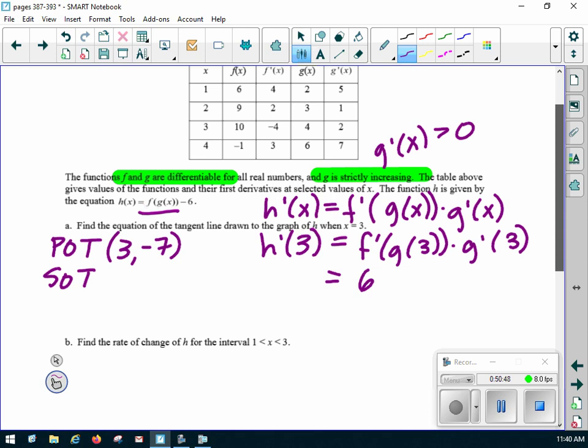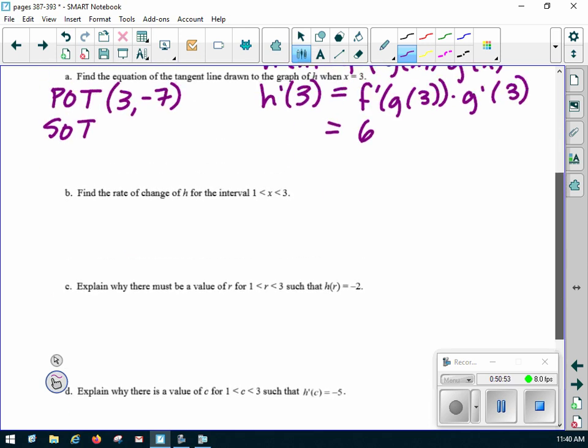The derivative, aka the slope of the tangent line. So we can write our equation of our tangent line, y minus y1 equals m times x minus x1.